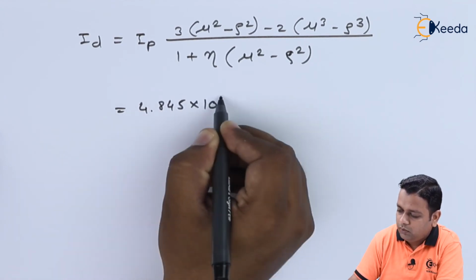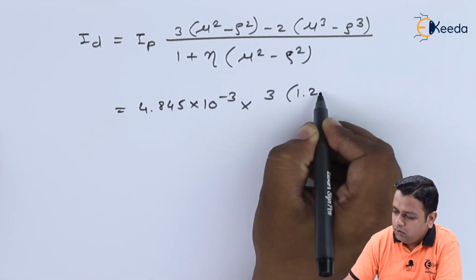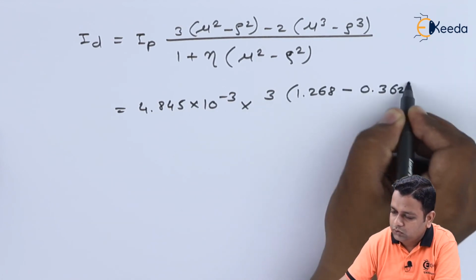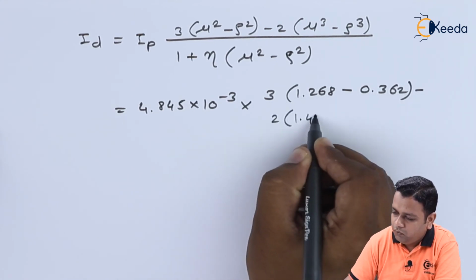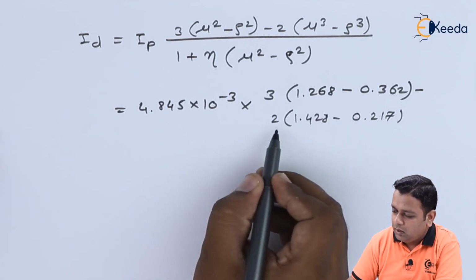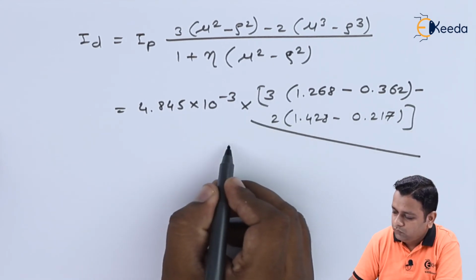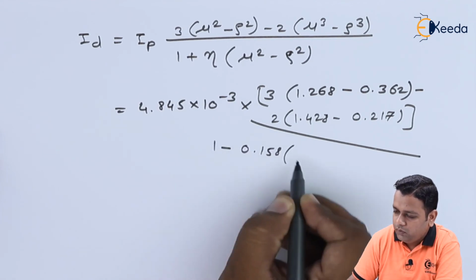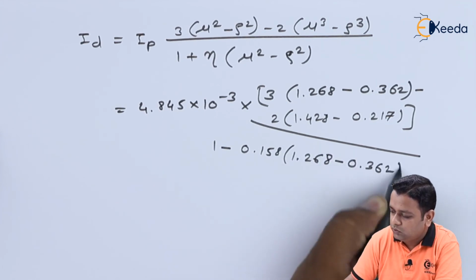4.845 into 10 raised to power minus 3 into 3 in the bracket 1.268 minus 0.362, minus 2 in the bracket 1.428 minus 0.217, and this ratio is divided by 1 minus 0.158 in the bracket 1.268 minus 0.362.